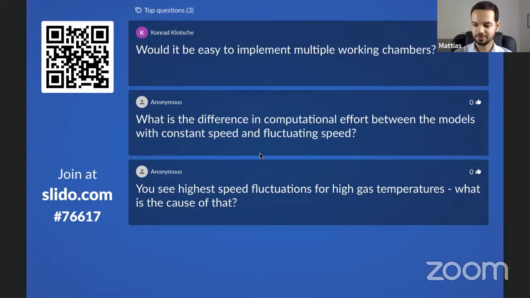Yes, you got exactly the point. So this model we showed here is the simplest way of modeling and the simplest way of driving the crankshaft, let's say. So we consider a constant torque that is on average compensating the loads, and then we have this average speed as desired, but we have this high fluctuation.